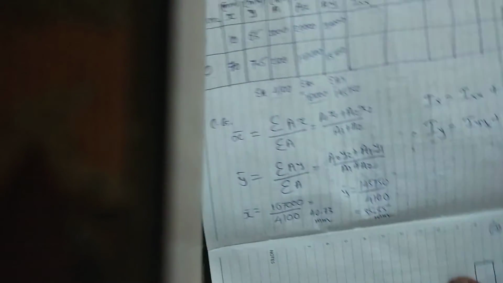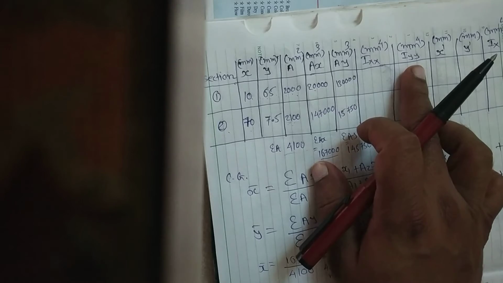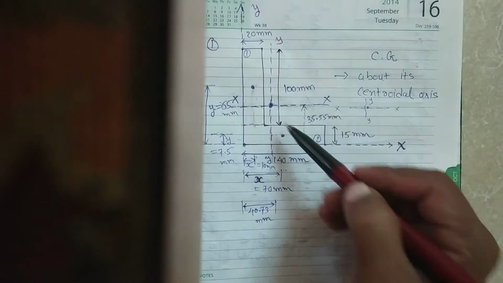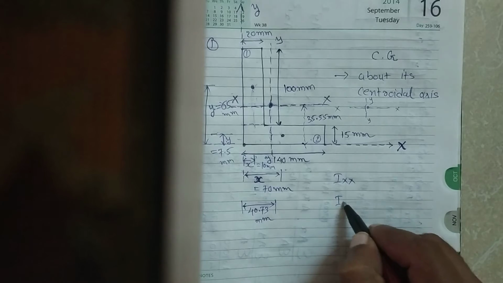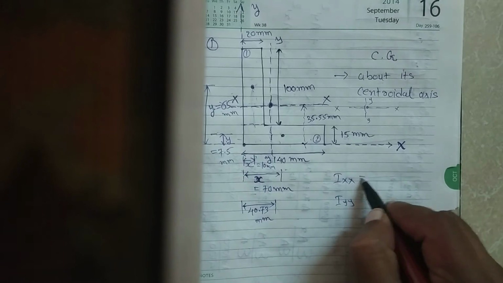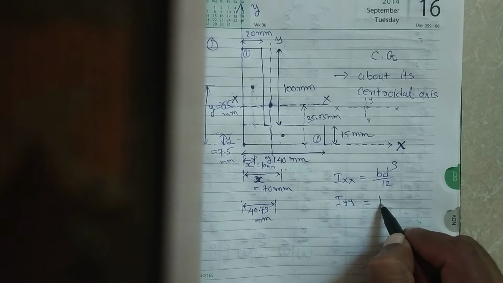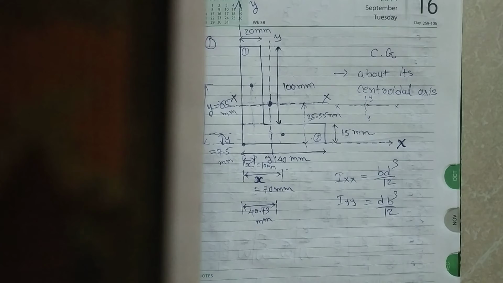So here is your table, and in the table this one is the ixx and iyy. As per the introduction portion, you are already aware that for a rectangle, these both equations are known. It's bd cube by 12 for ixx, and iyy is nothing but db cube by 12. So we are going to calculate the same for this given cross section.